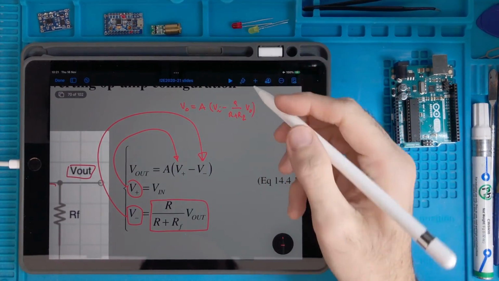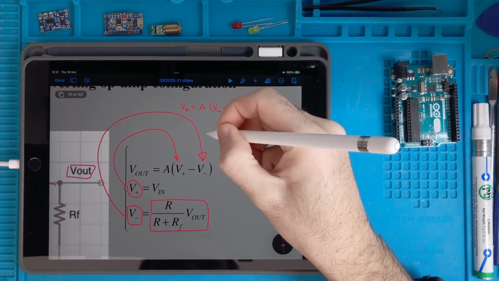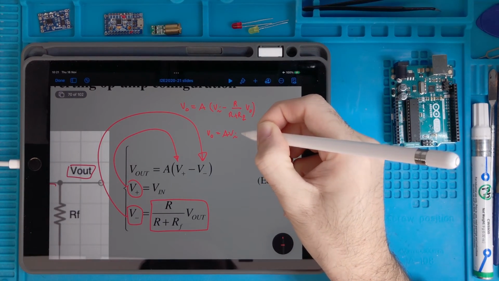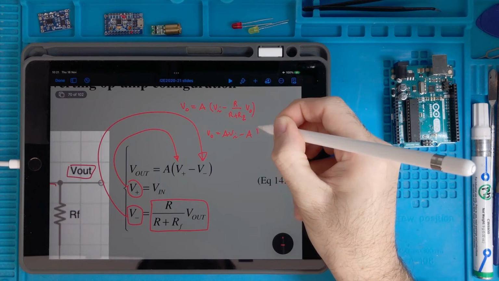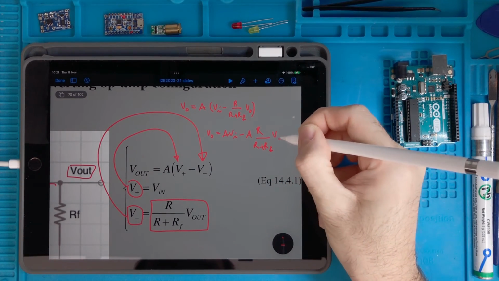So we can develop a little bit this equation, and we find that V out equals A V in minus A R over R plus RF V out.